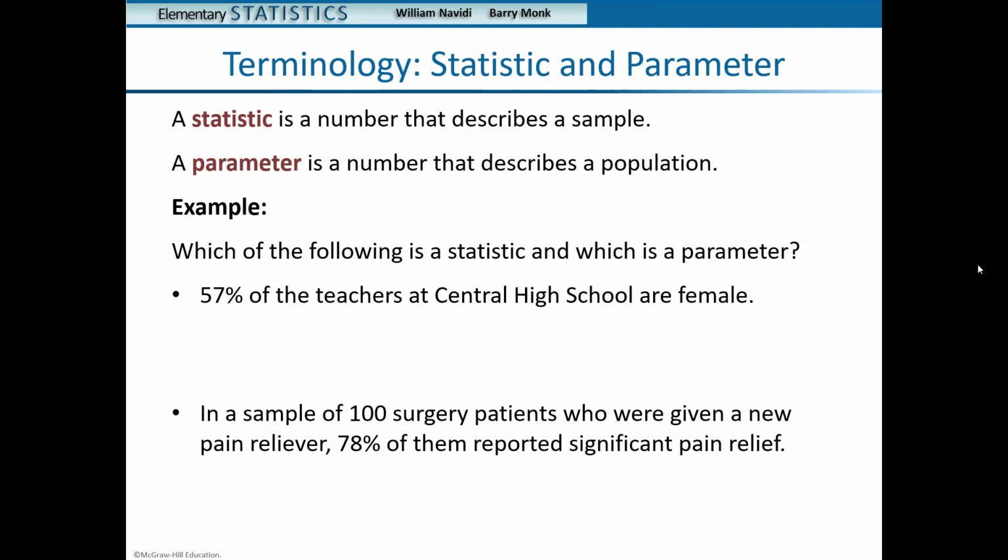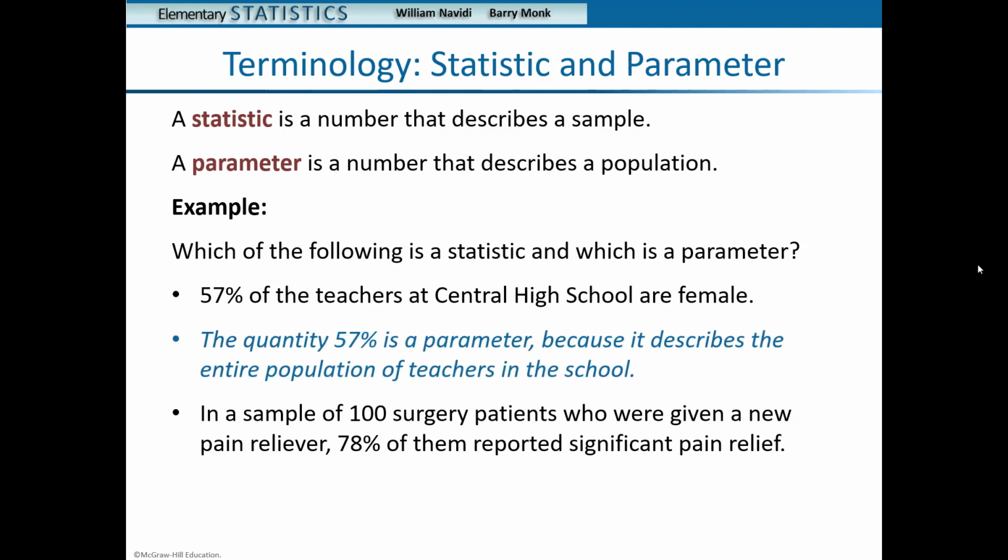The first statement, 57% of the teachers at Central High School are female. The second statement, in a sample of 100 surgery patients who were given a new pain reliever, 78% of them reported significant pain relief. Both statements refer to a percentage, right?